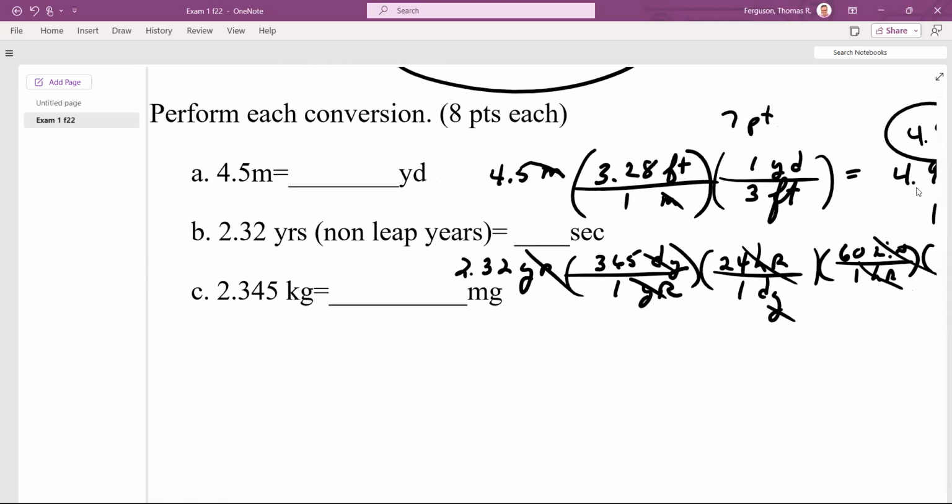Okay, kilograms to milligrams. Is there a conversion to go directly? Yeah.